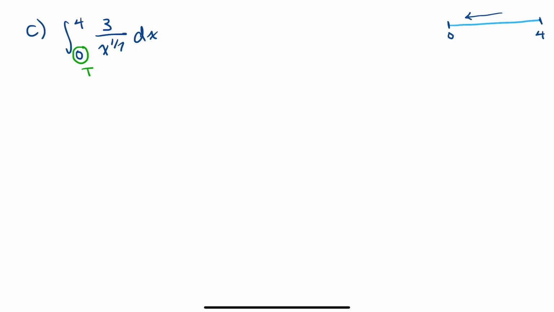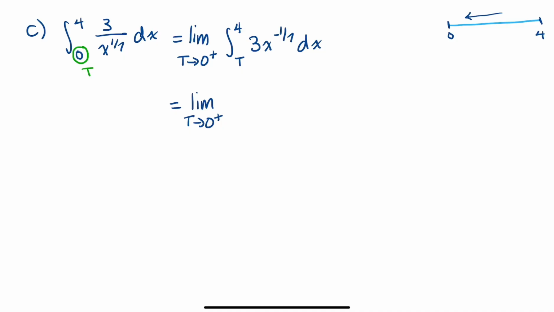And so this is the same thing as saying the limit as t approaches 0 from the right of the integral going from t to 4 of 3x to the negative 1 over 7 dx. And then from the previous part, we already know what the antiderivative is, which was 7 over 2 x to the 6 over 7.